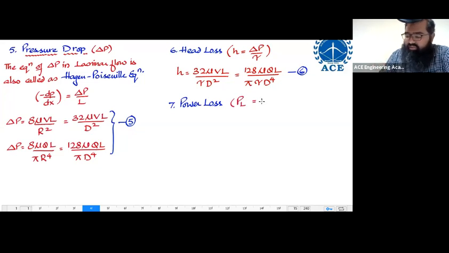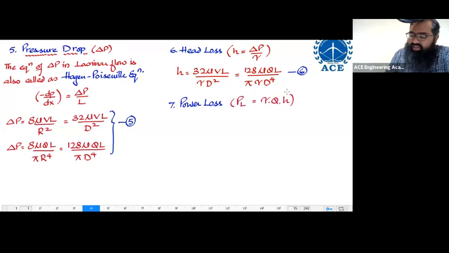We said power is equal to gamma into Q into the head corresponding to power. The head corresponding here is head loss, since I want power loss. Now see, never use the head loss with velocity, because you have discharge here. Prefer this head loss.